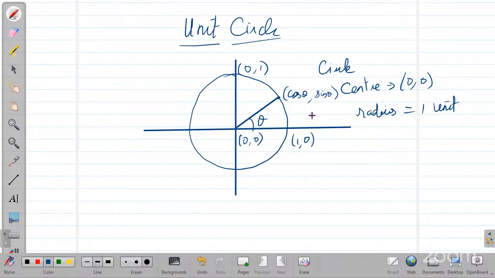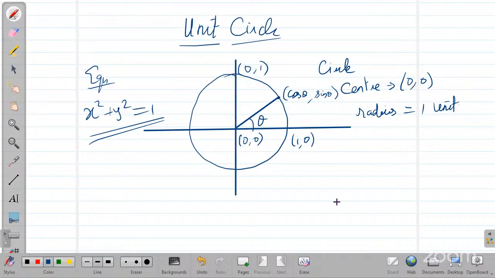Coordinate. Okay. We have the equation of this unit circle. I'll write it over here. The equation is x square plus y square equal to 1. What about the coordinates?